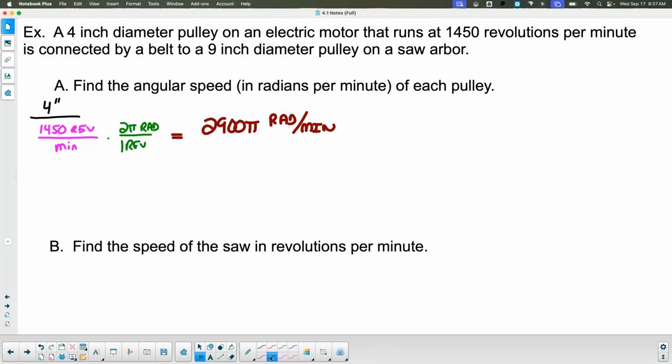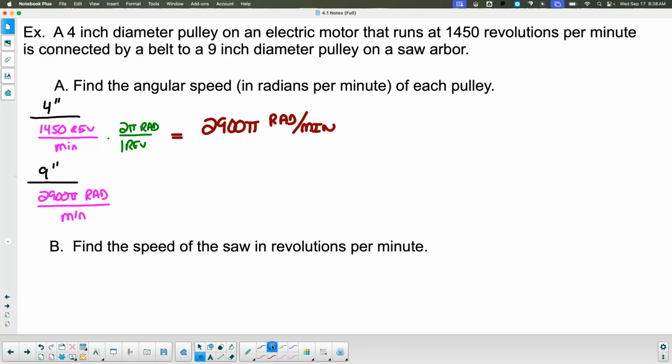That's the 4-inch. Now, we have the 9-inch. The only way I can get from the 4-inch to the 9-inch is by what they're connected with. In this case, it's connected by a belt. So I need to find the linear speed of that belt. So I know that the 4-inch is spinning at 2,900 pi radians per minute.